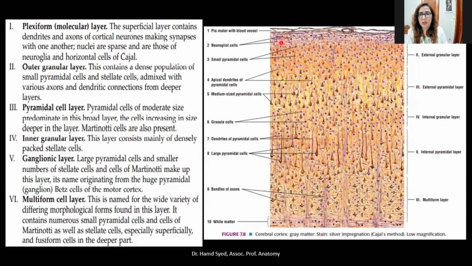Beneath it, you can see these characteristic 6 layers, labeled here: the most superficial is the molecular layer, then external granular, external pyramidal, internal granular, internal pyramidal, and the 6th one is the multiform layer. You can see that the pyramidal cells are more in number and prominent within the 3rd and 5th layers, whereas the stellate or granule cells are more prominent in the 2nd and 4th layers.